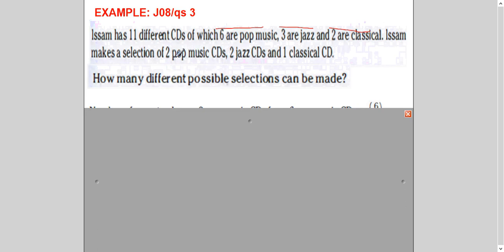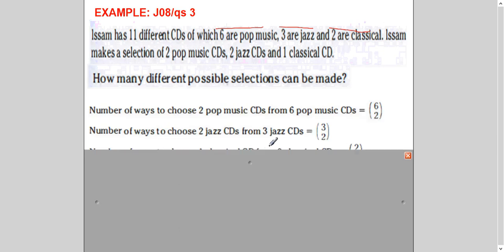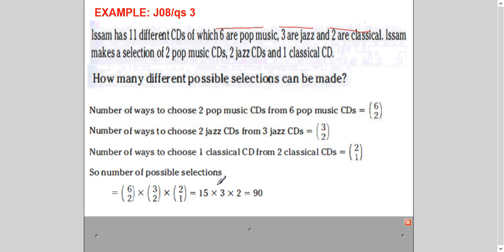So when you're selecting 2 pop from 6, you will write 6C2, 2 jazz from 3, 3C2, and 1 classical from 2, so 2C1. And whatever the answers come, you will multiply them. I hope you understand why we are multiplying. If not, you need to see my video 1 in which I explain the reason behind why we multiply with the help of a tree diagram, right? So it is straight away 6C2 into 3C2 into 2C1.